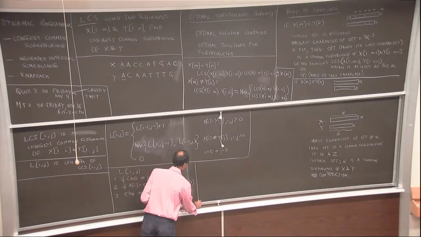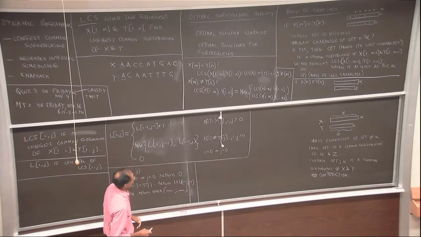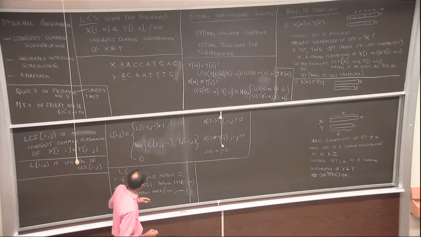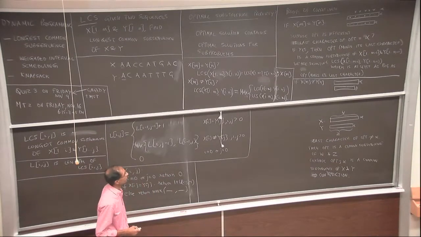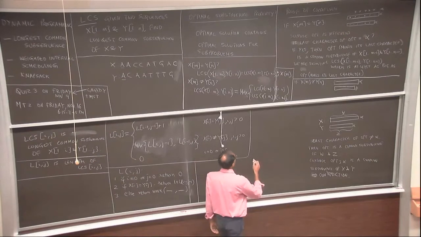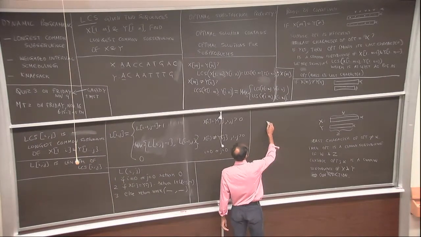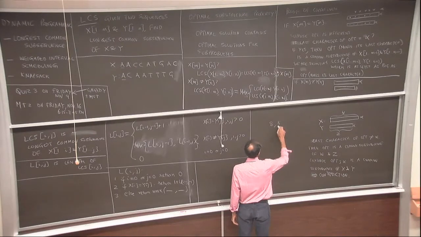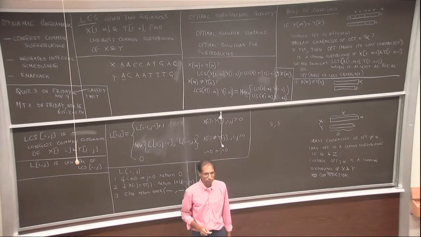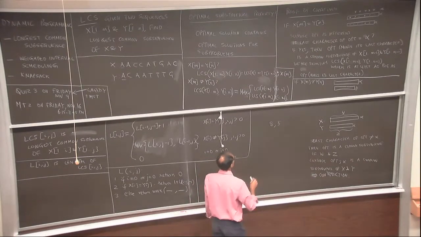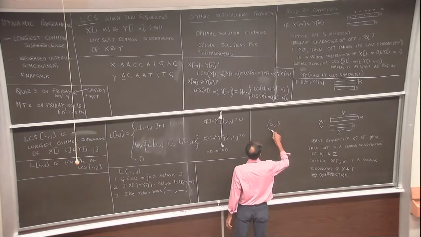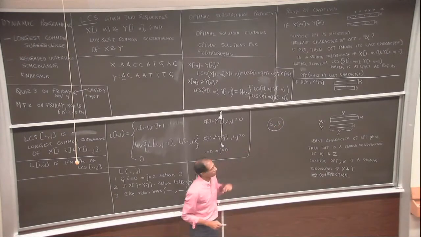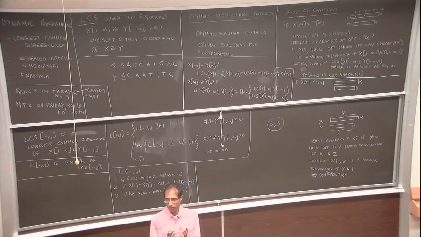So let's unravel this and see what goes on. Let's say you're trying to find the LCS for two sequences, one of length 8 and the other of length 5. Let me draw this node indicating that you're looking at this problem where there are 8 characters on one and 5 on the other.